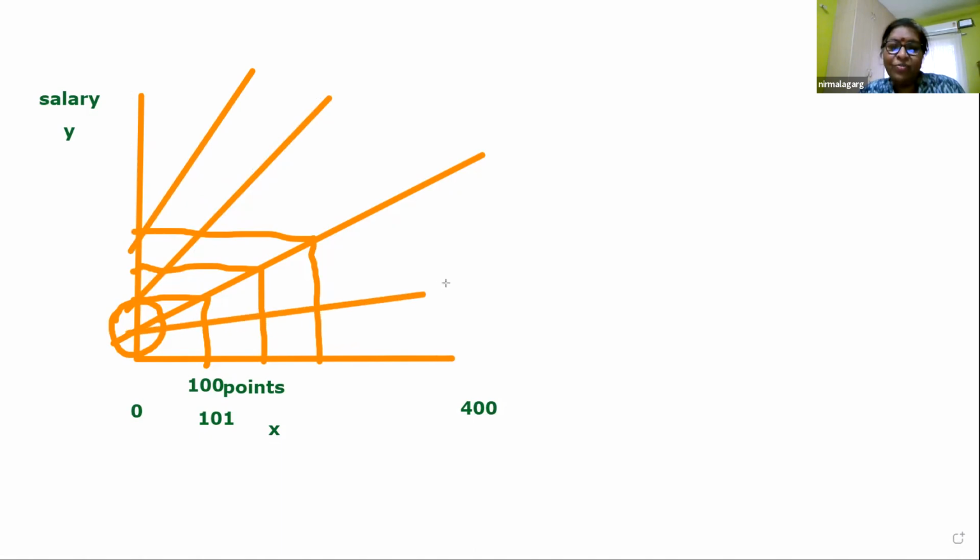I will name them so you can easily tell me. This is line A, this is B, this is C, and this is D. Which will have the highest slope value?